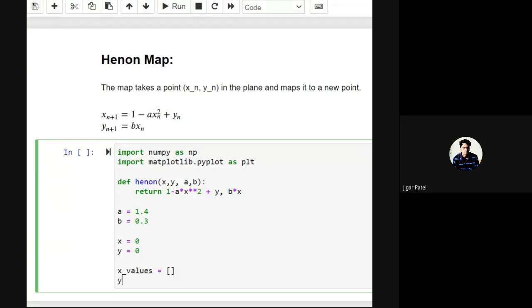Both are empty. This will be useful for appending values in the for loop. So the for loop is in the range of say 10,000.